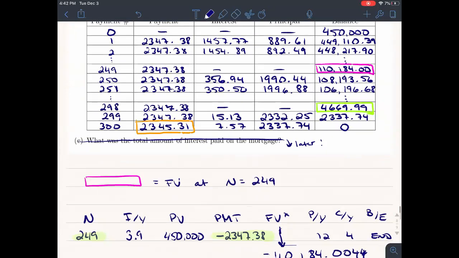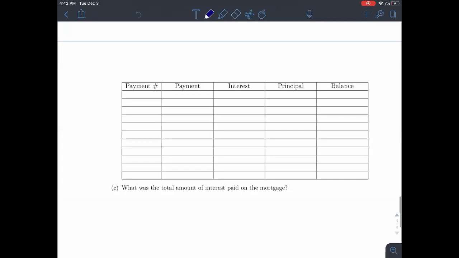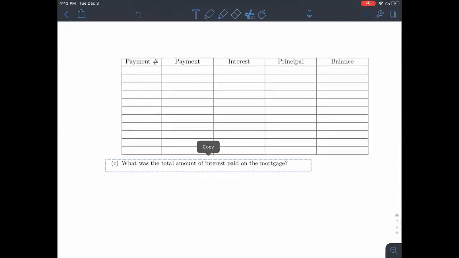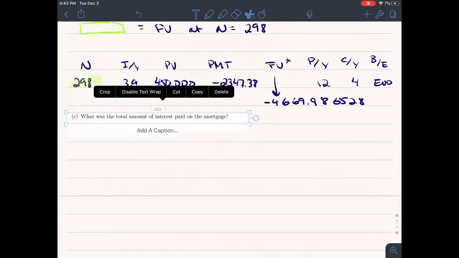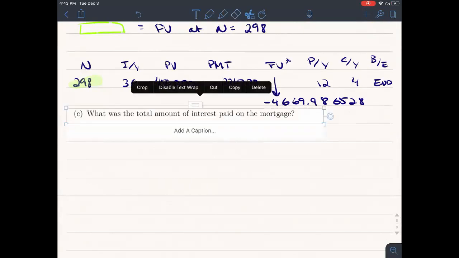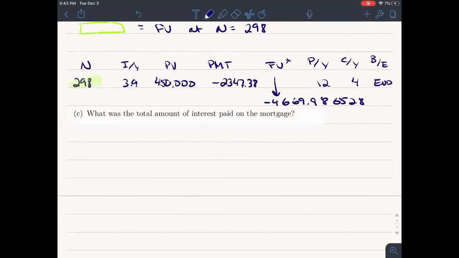And then the last part, because I crossed it off, but I actually want to do it, is how much interest did we pay? What was the total amount of interest paid on the mortgage? That's going to be the total paid minus what we borrowed, right? So total interest is the total paid minus 450,000, because that's how much we borrowed.